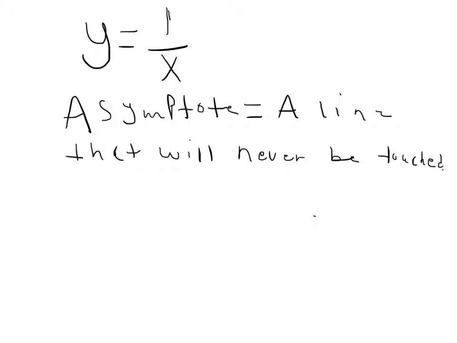An example of this is a line crossing a line. These two lines are your asymptotes, and these lines come very close but never touch.